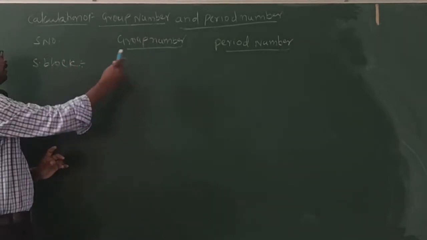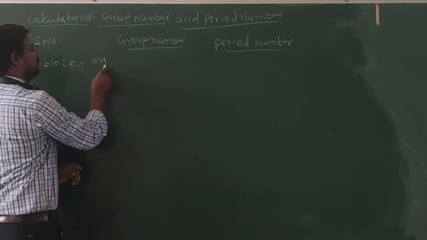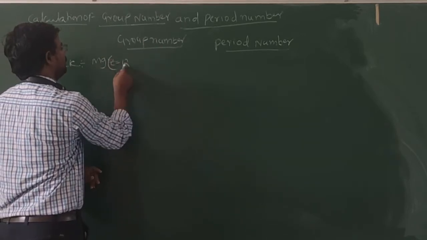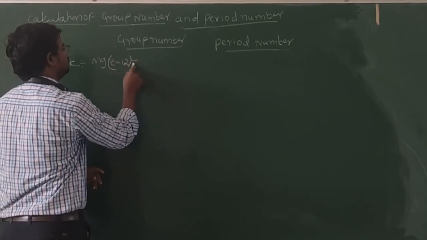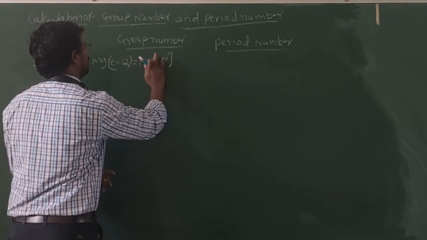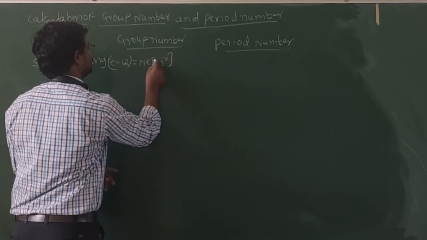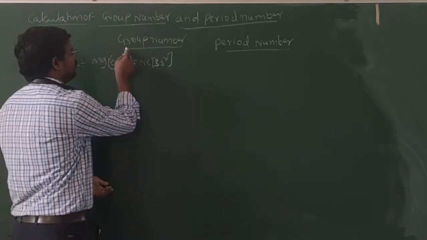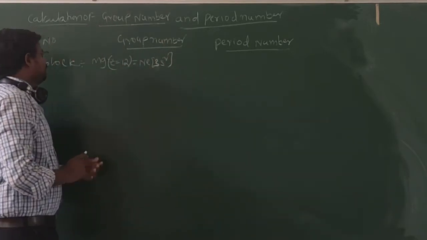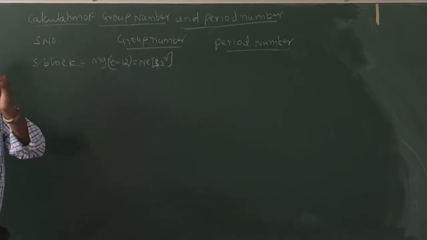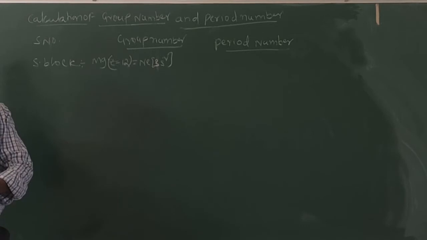Magnesium's atomic number is 12. Its electronic configuration is neon 3s2. How to identify an S block element: those elements in which the last electron enters the s orbital.